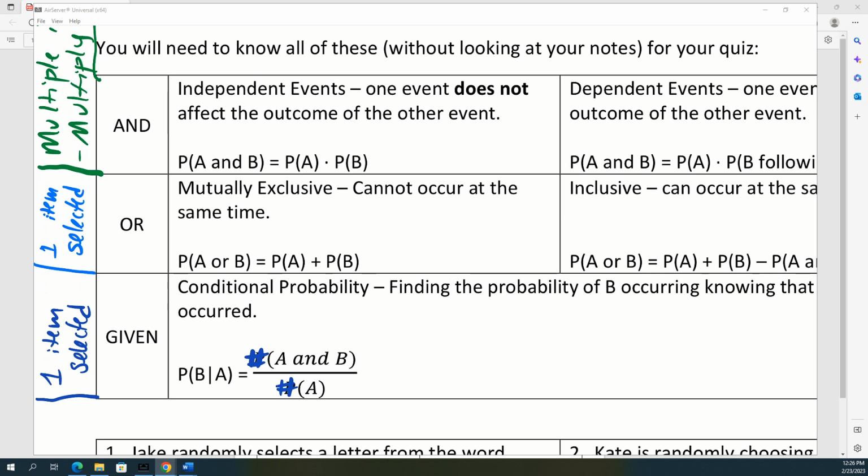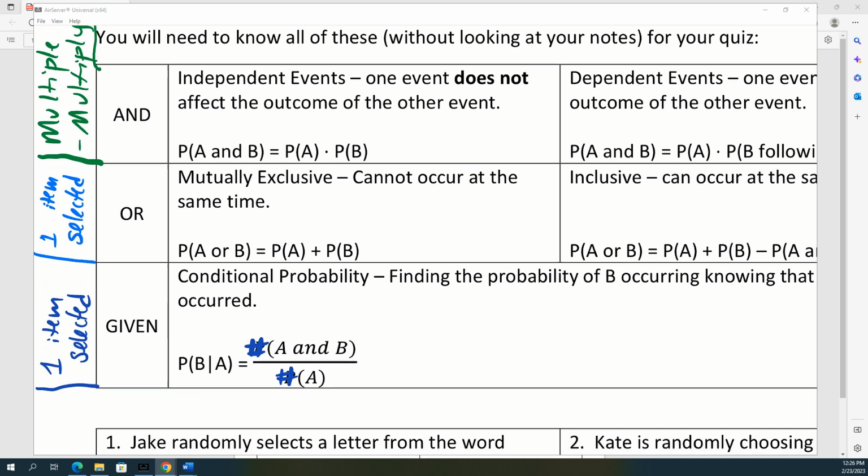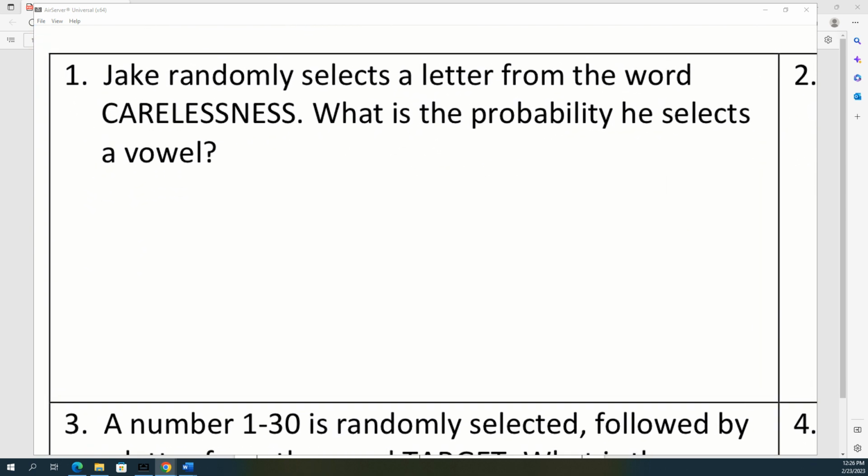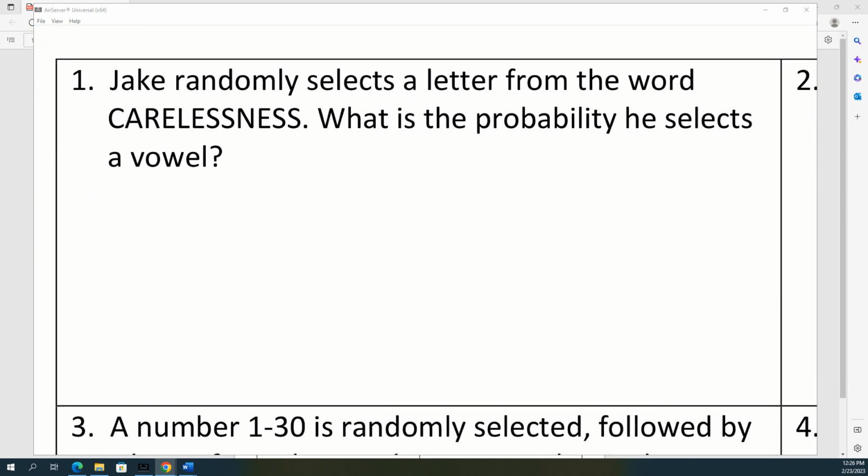Okay, so we've actually learned a lot of different things with probability. Let's just look at the first one. Jake randomly selects a letter from the word carelessness. What is the probability he selects a vowel? So how many letters are being selected? A letter, right?